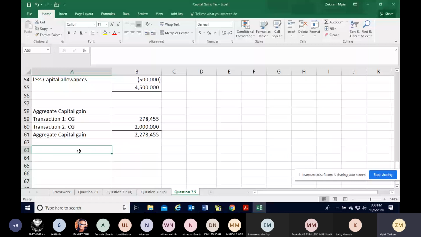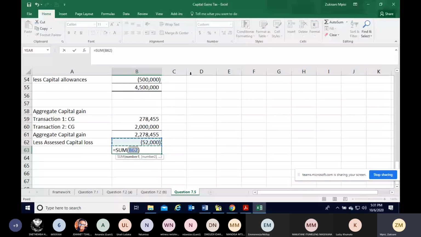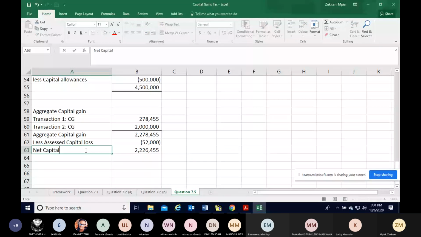Now, in this question, you were told that in the previous year, there was an assessed loss of 52,000. So we now have to say less assessed capital loss. When you incur a capital loss, it is only reducing future capital gains. So in this case, we are going to have a net capital gain of 2,226,455.